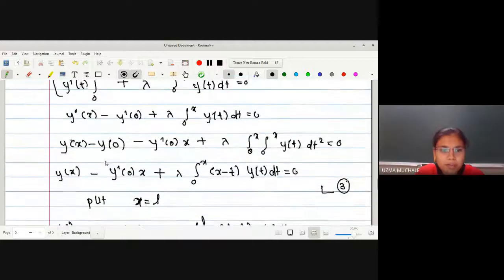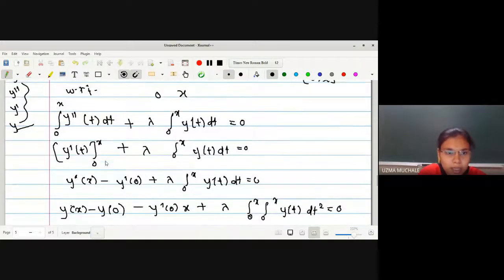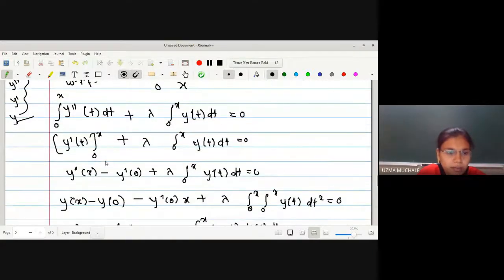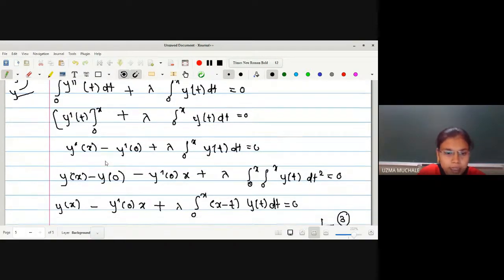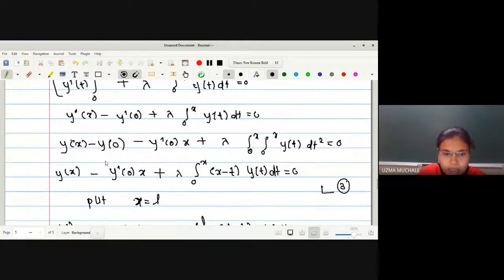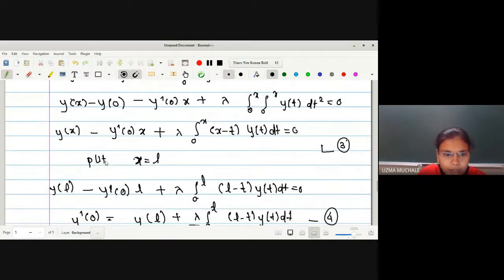Hello. Okay, let me repeat what we have done. We have done the simple integration. Y double dash, after integration, it will be y dash of t, and then we just substitute the y dash of 0 as it is, because we don't know the value of y dash of 0. In the next step, we simply converted multiple integration to single integration, and then we got equation 3.